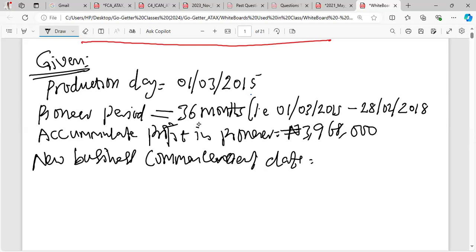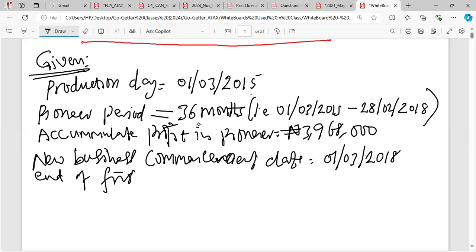That is the day after March 1, 2018. End of first year is going to be 28th of February 2019.